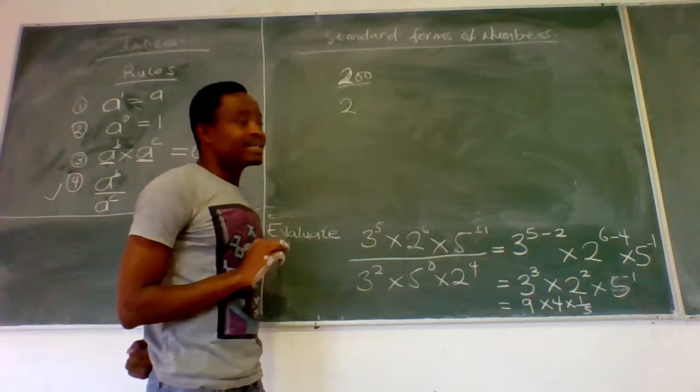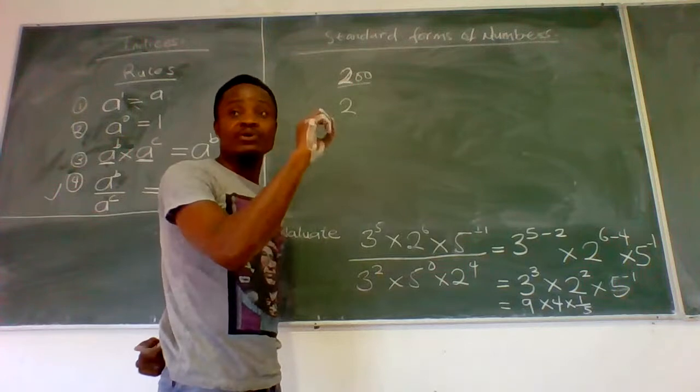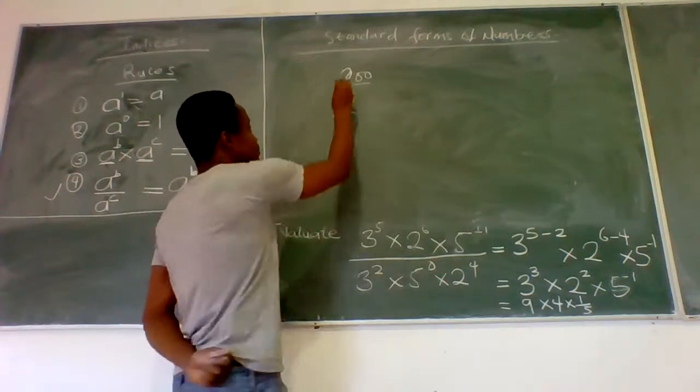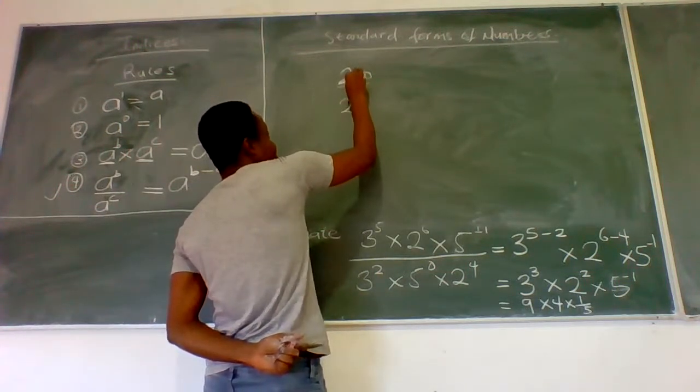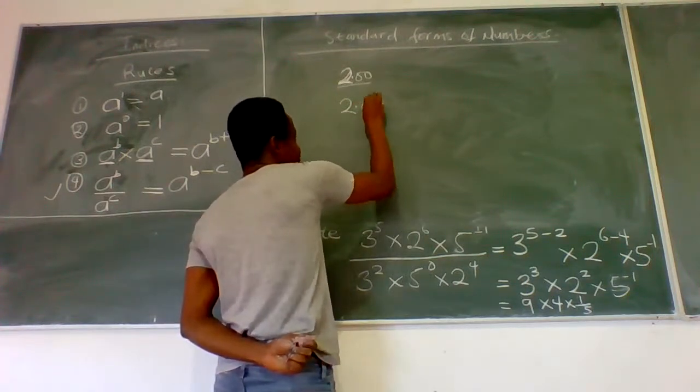So after getting that number, I'll introduce a decimal point. So 2 point, then 0, 0.